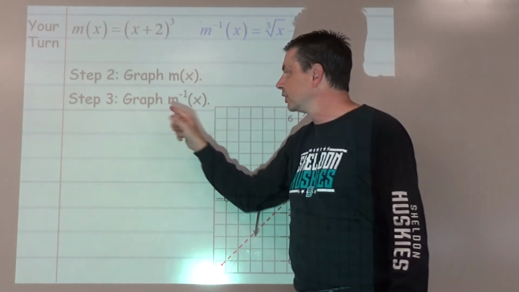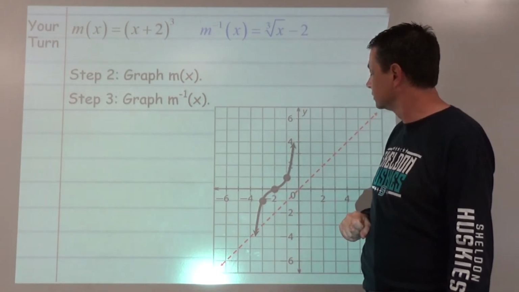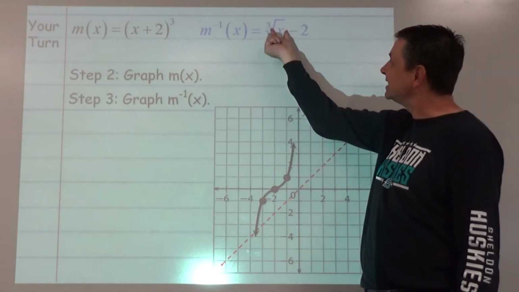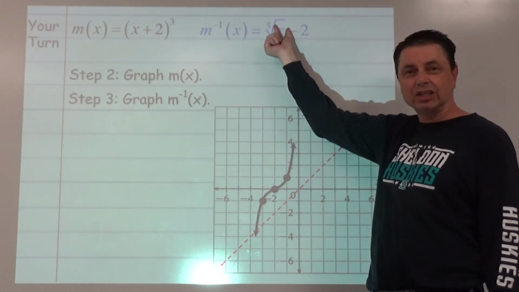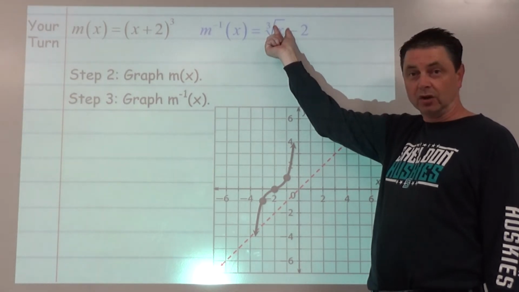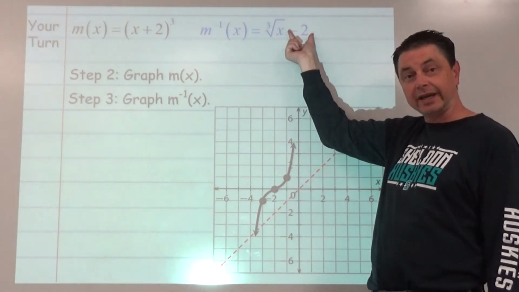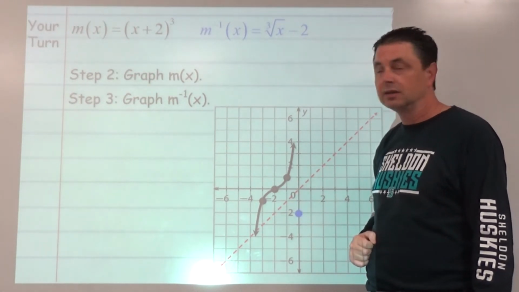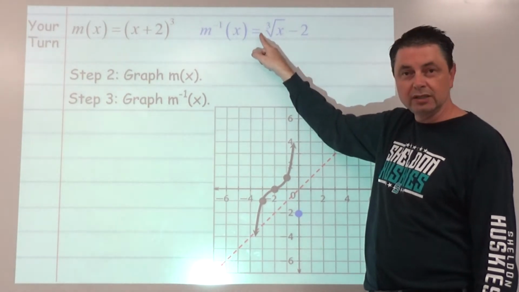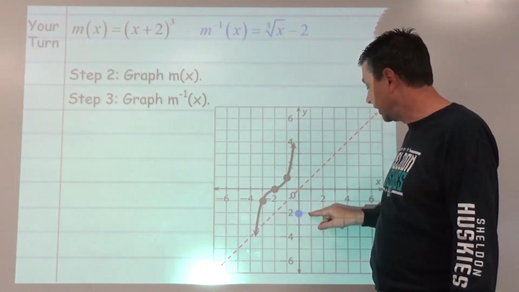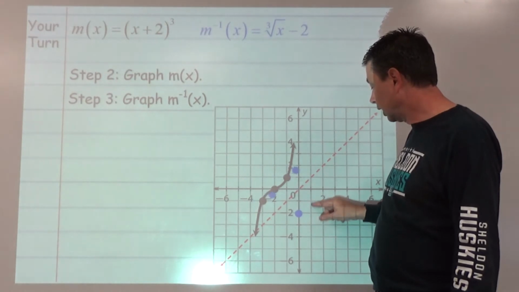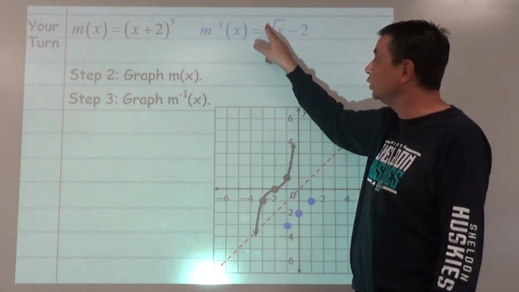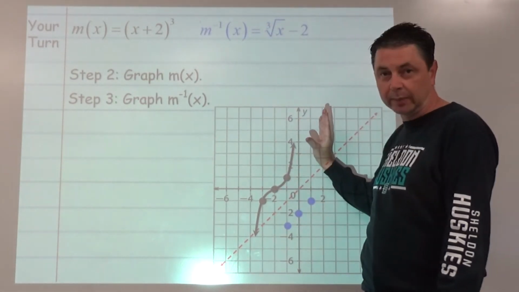Now, step 3, graph the inverse. All right, so again, h and k. Inside here, that's going to be the h. 0, comma, k, -2. That's our inflection point. Okay, a out in front, 1. So, right one, up one, left one, down one, but this time it's cube root, so it can't go up the page.